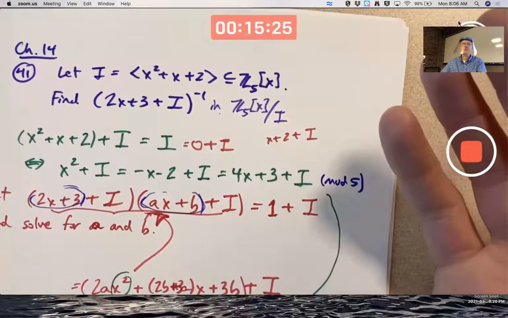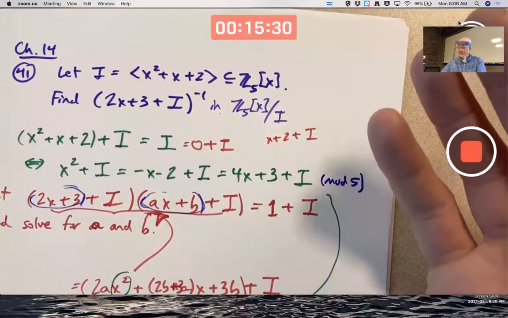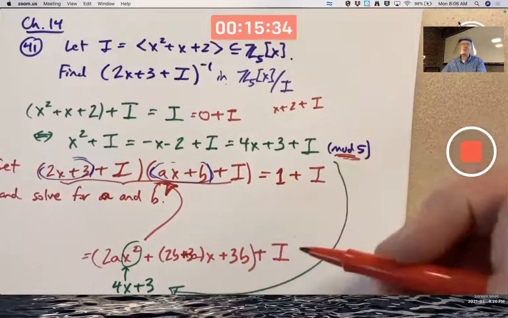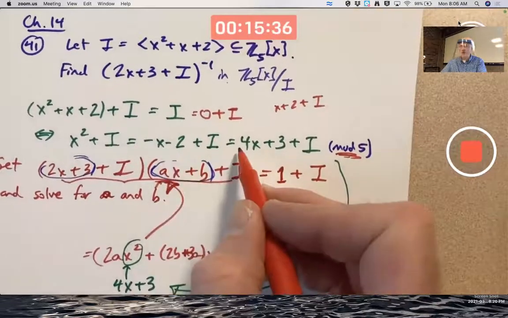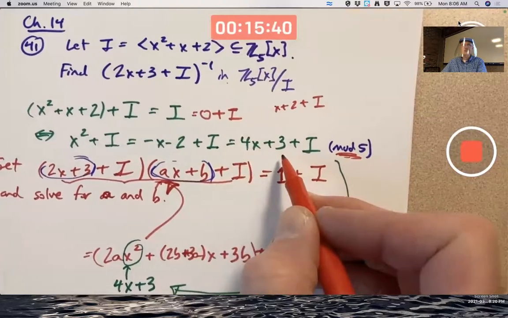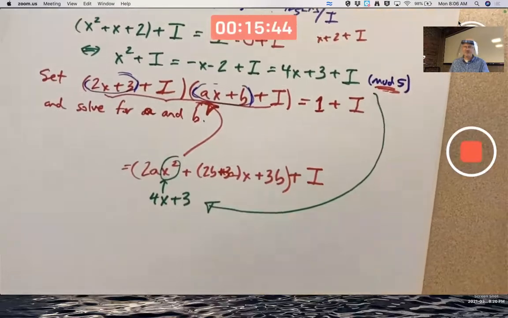We're always adding and multiplying representatives. And then since we're dealing with mod 5 arithmetic, I can replace -1 with 4. I can add 5 to it, and replace -2 with 3. Add 5 to -2 to get 3. So I can replace x squared with 4x plus 3 in this factor ring.